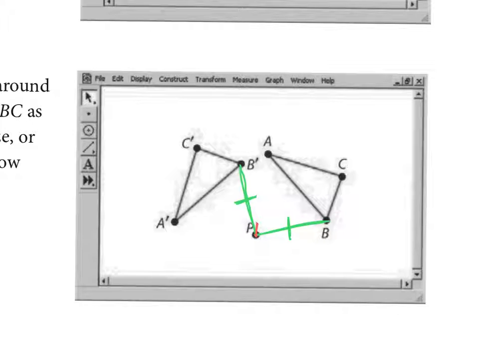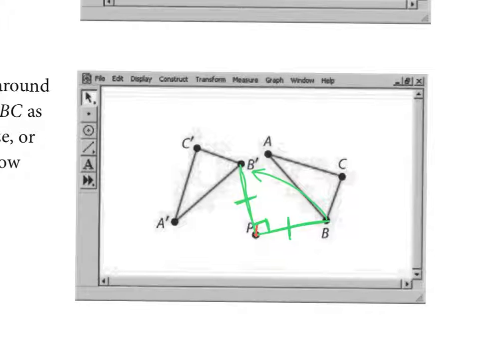If I go from B to B prime, this is an example of counterclockwise. And then it's also measured in terms of degrees, and that is the angle made between the image and the pre-image with the point of rotation. So for example, this appears to be a 90-degree counterclockwise rotation.